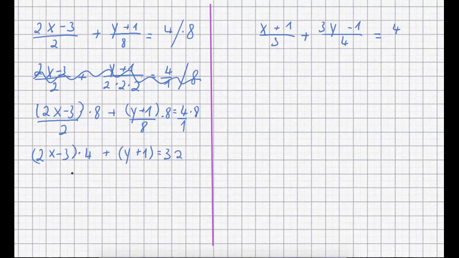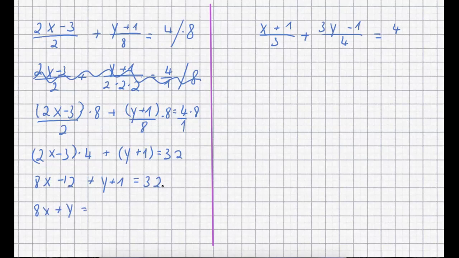Okay, now let's open the parentheses. So here is 8x minus 12 plus y plus 1 equals 32. And here we can write 8x plus y, and minus 12 plus 1 is minus 11.